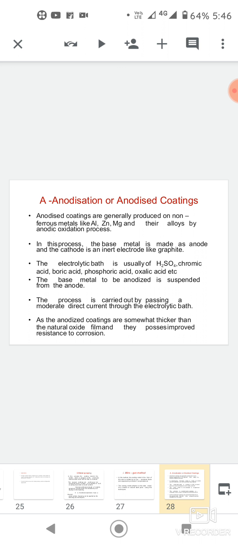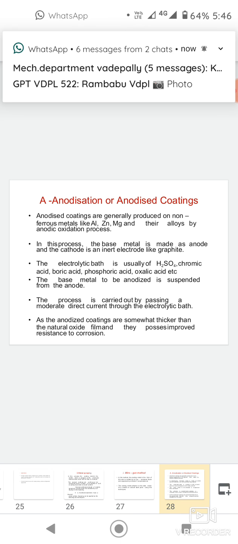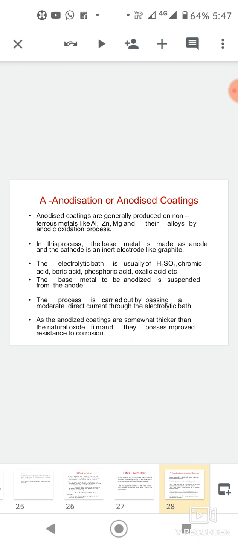Anodized coatings are generally produced on non-ferrous metals like aluminum, zinc, magnesium and their alloys by the anodic oxidation process. In this process, the base metal is made the anode, and the cathode is an inert electrode like graphite.